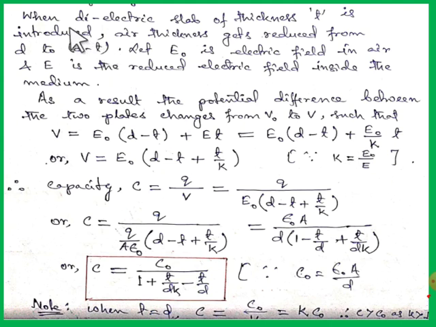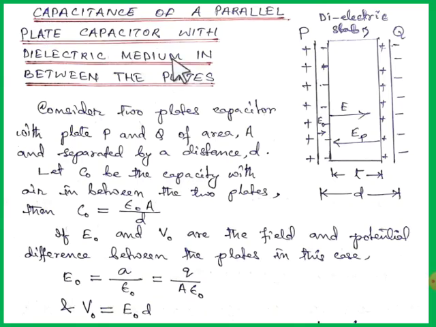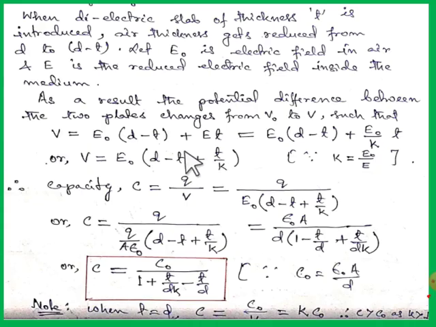But now you see that we cannot directly replace E naught by E equal to E naught minus EP, because the thickness of this dielectric slab is not equal to D. Let's take it that the thickness of the dielectric slab is denoted by T. So your electric field in vacuum or in air is reduced by this T. Previously it was having the distance D for that E naught, but it has been reduced by a distance T, equal to the thickness of the dielectric slab.